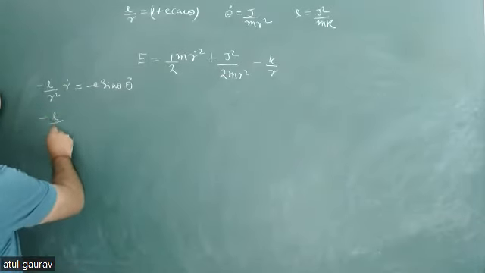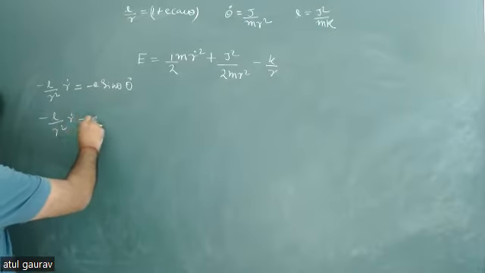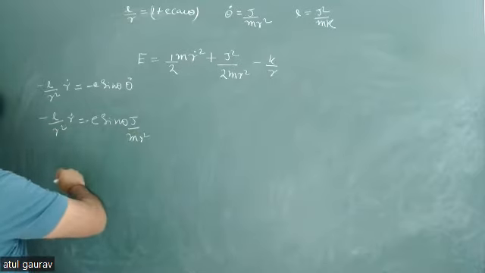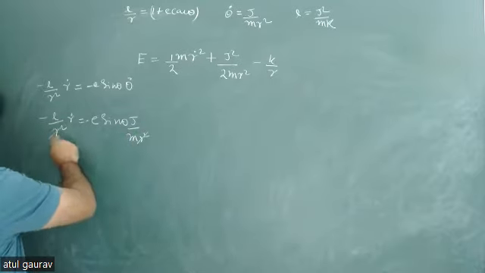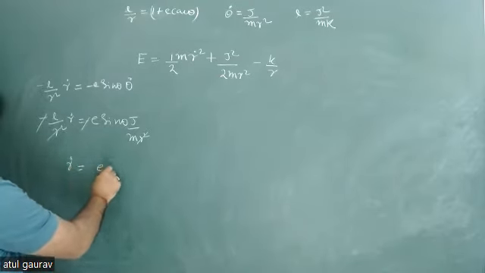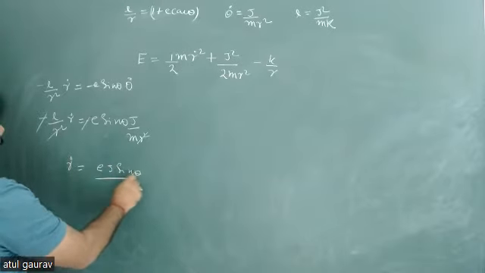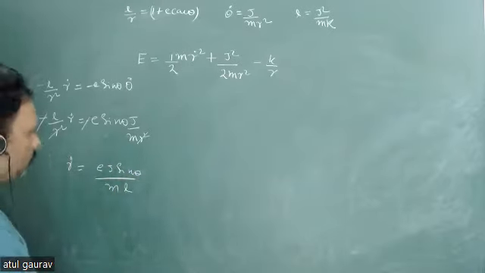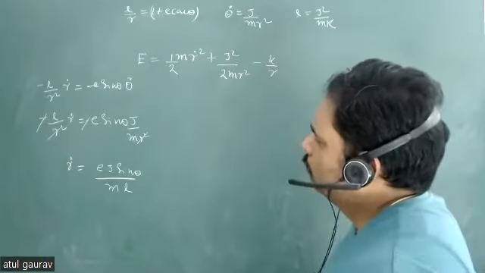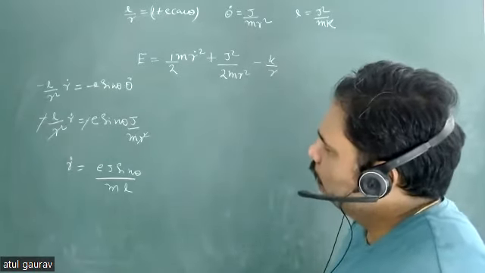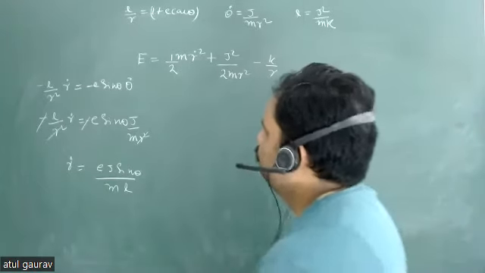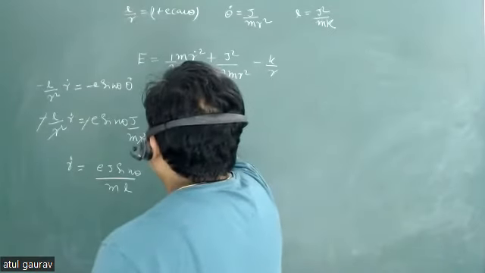So minus L upon R square R dot is equal to minus E sin theta J upon MR square. So this r square is cancelled. This negative sign is cancelled. So I can put r dot is equal to E j sin theta by ml. लिख सकते क्या? Yes or no? Yes, sir. Yes.